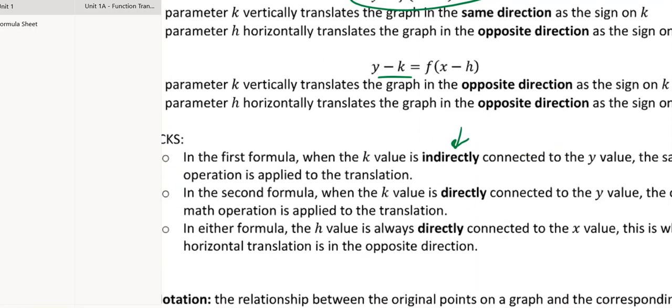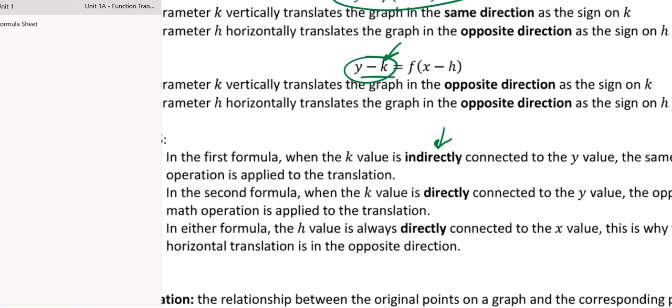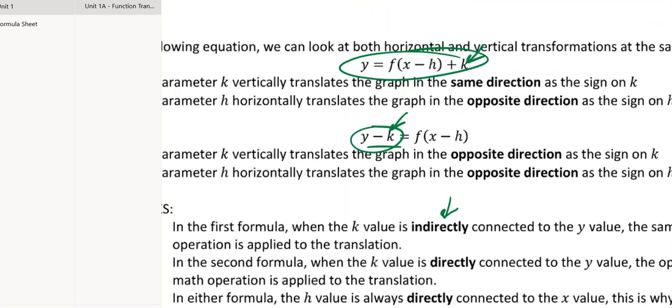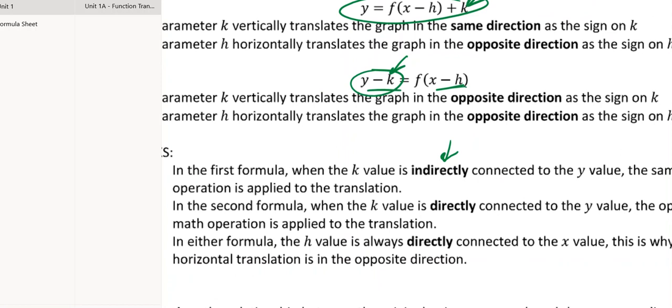If it's directly connected, like if k was on this side with the y, then it's going to be the opposite. And the h one is directly connected to the x, so it's going to be the opposite. That seems a little confusing.